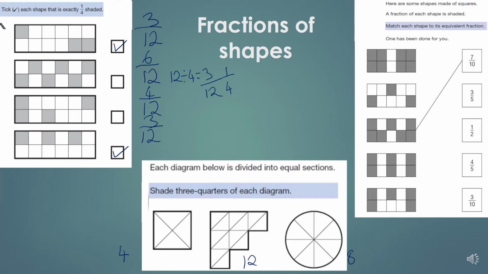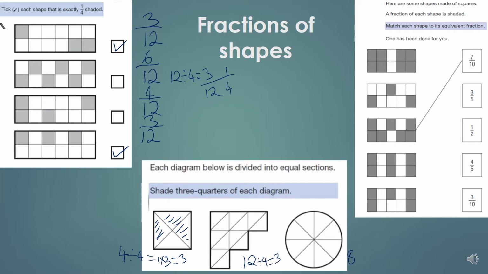As we know, to find out a quarter of something, we divide by 4. The first shape, 4 divided by 4 equals 1. So 1 is equal to 1/4, but we want 3/4. So 1 times 3 equals 3. So we need to shade 3 of these sections. The next one, 12 divided by 4 equals 3.